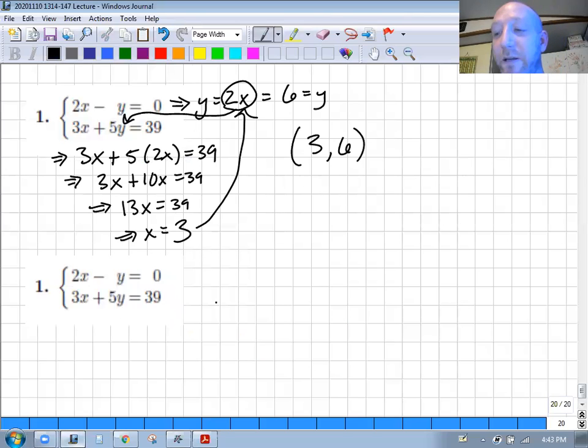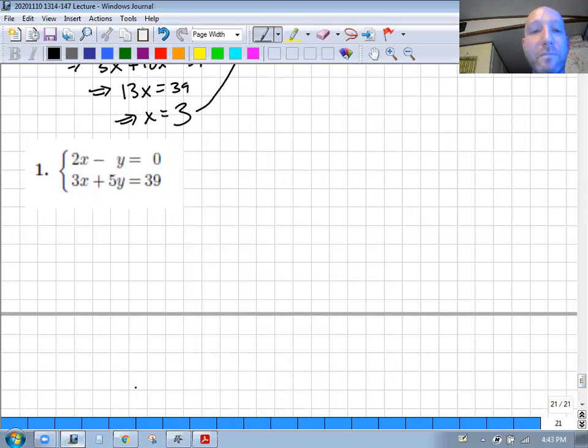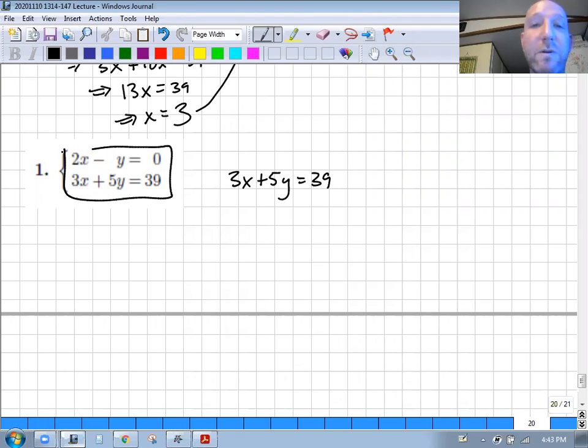The other way is the elimination method. Okay. So instead of substituting one into the other, let's add or subtract them. All right. So here's two equations.